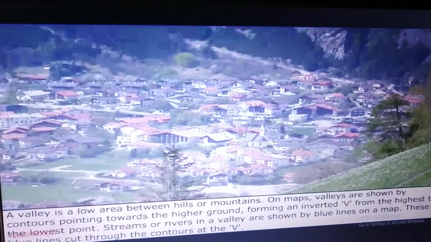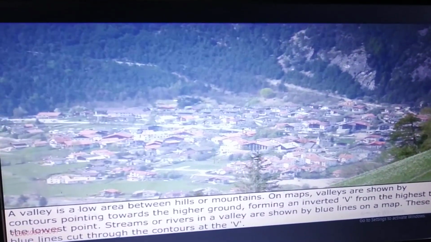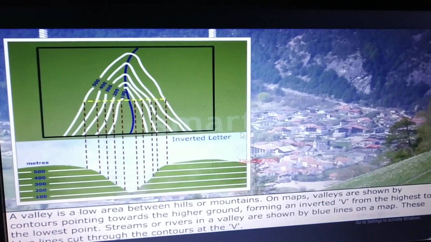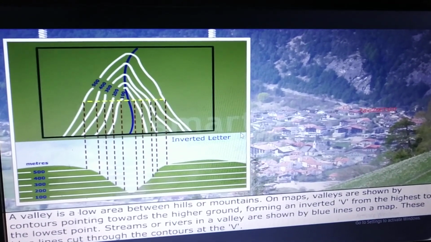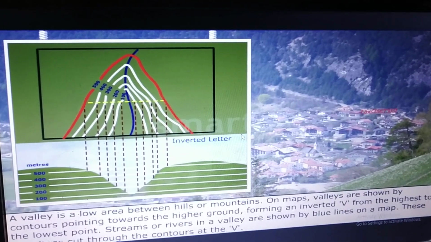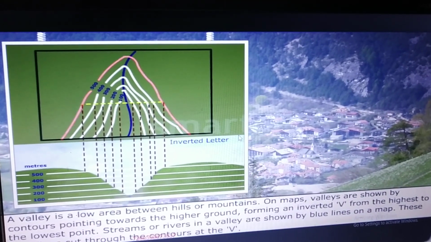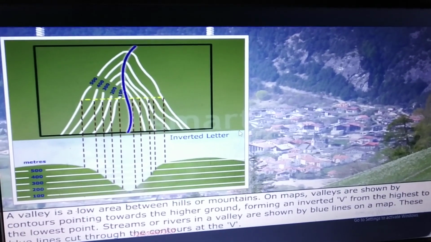A valley is a low area between hills and mountains. On maps, valleys are shown by contours pointing towards the higher ground, forming an inverted V from the highest to the lowest point. Streams or rivers in a valley are shown with blue lines on a map.